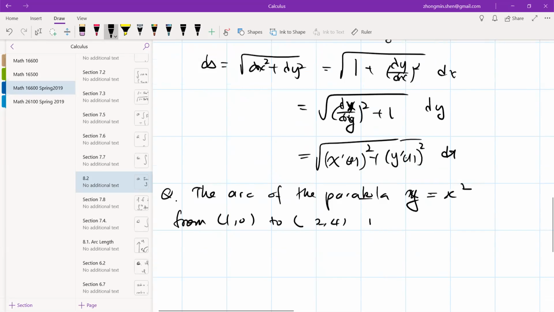Right. This is going to be rotated about the y-axis. Right. So find the area of the resulting surface.